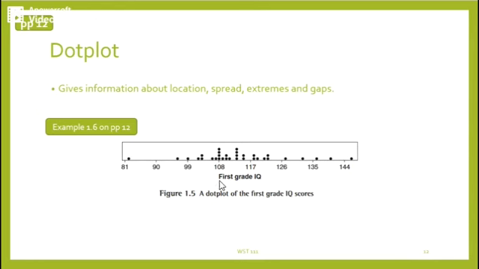The dots that are on top of each other mean that it's the same value occurring multiple times. So in this case, at 108, there are 4 dots on top of each other. This means that this data set consists of 4 observations that are equal to 108.